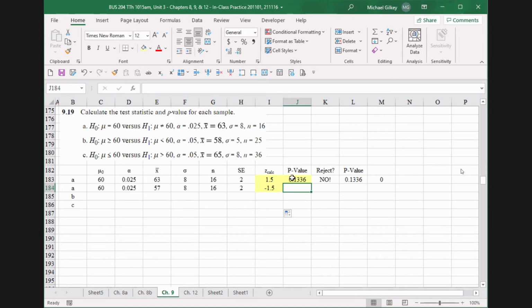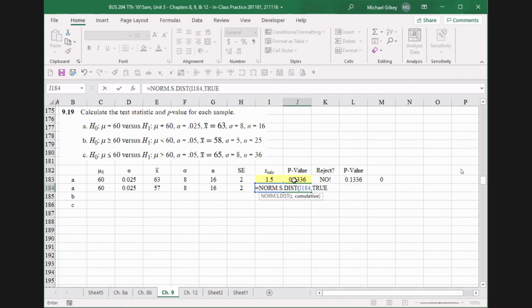It's just that if we get a value below the mean, we don't have to take the complement. So I just do norm.s.dist of my negative z-value, with cumulative true, and now I just double this. No complement required.